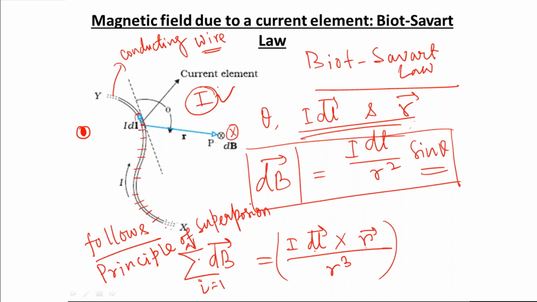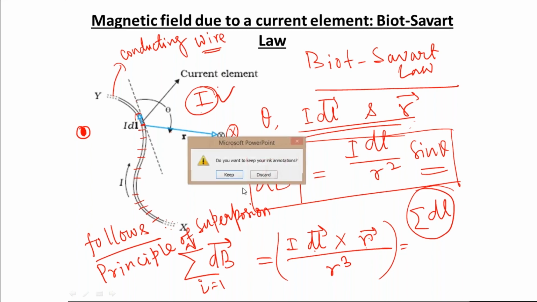Suppose this goes from 1 to n if it is a finite wire, okay. So this r is constant, it does not change, more or less it is constant. So what I can write, I can write here only this dl. If you take the summation over dl, you get the magnetic field for the whole wire, okay.